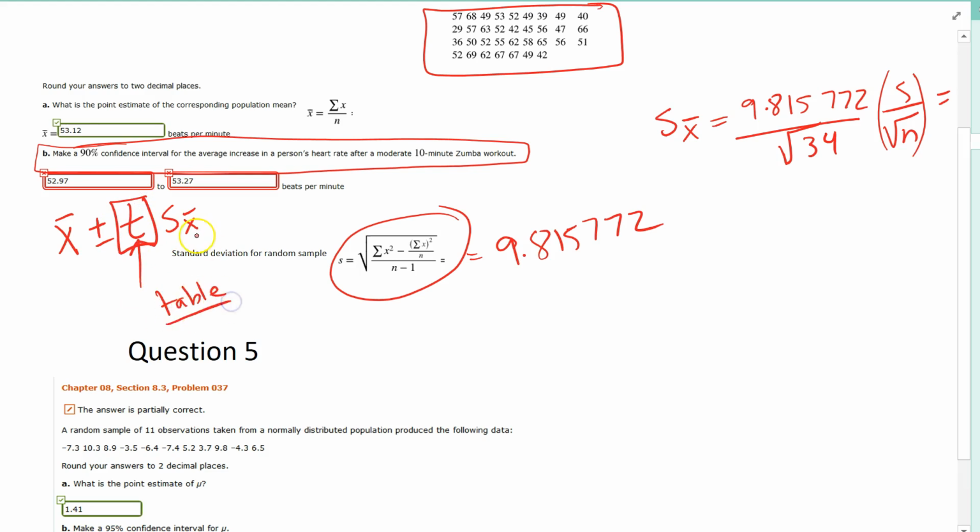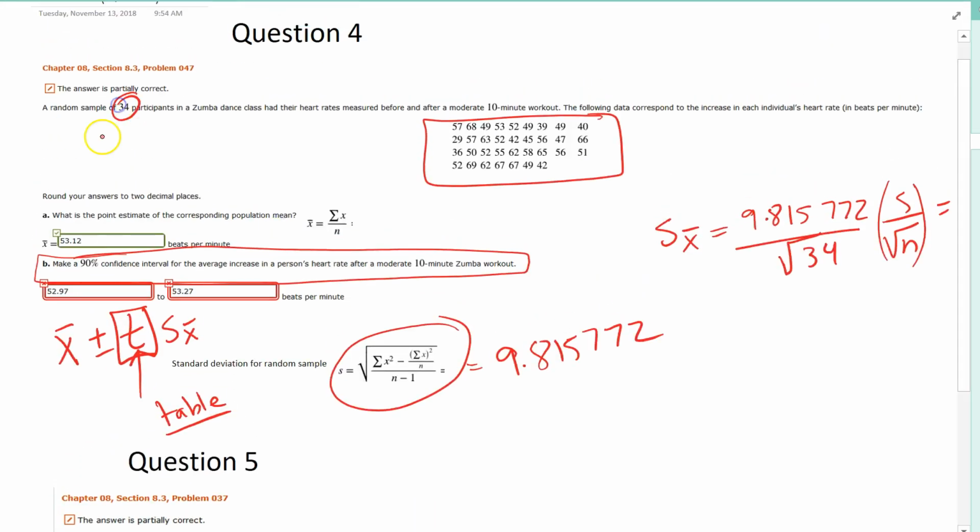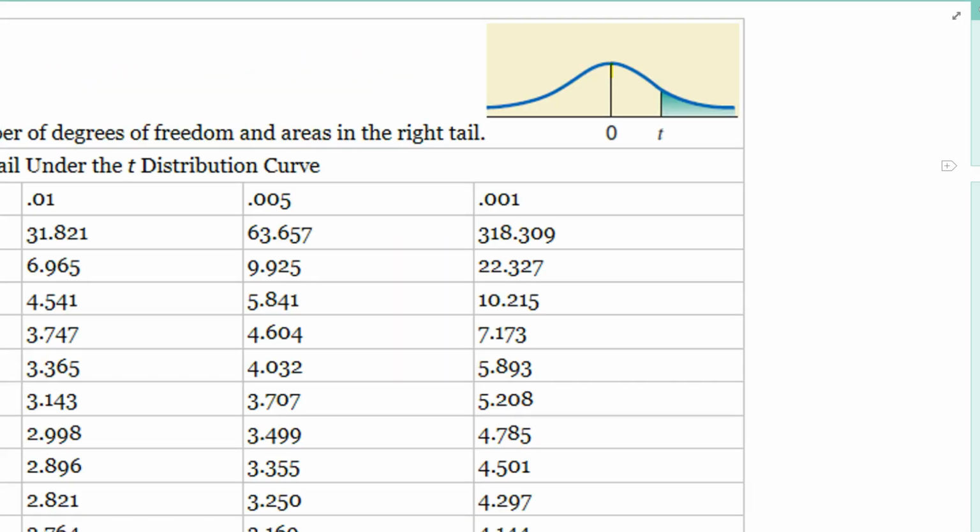I have 34 participants, so my degrees of freedom is going to be 33. And I want 90% confidence interval. So if I look at the t-table, if I want a 90% confidence interval, this is going to be 0.05. This is going to be 0.05.